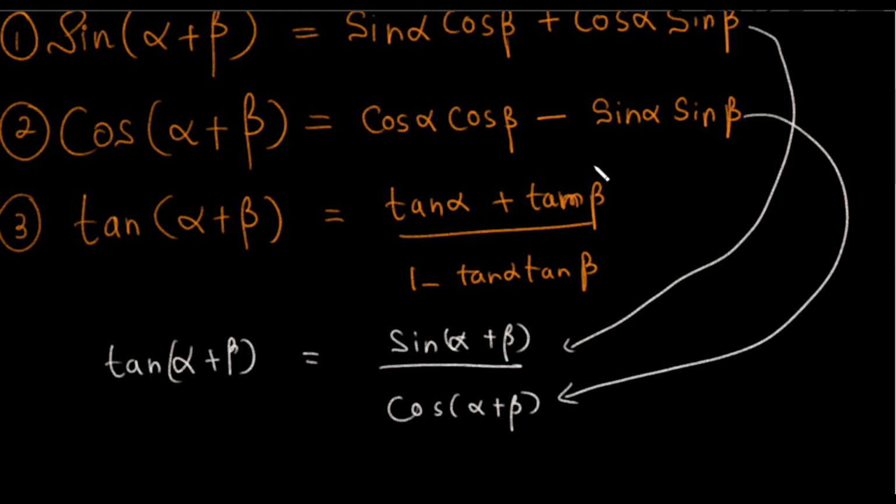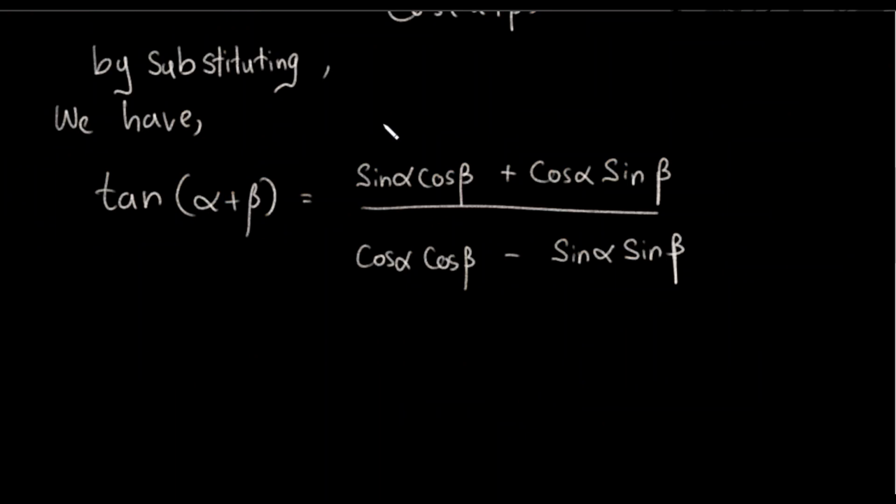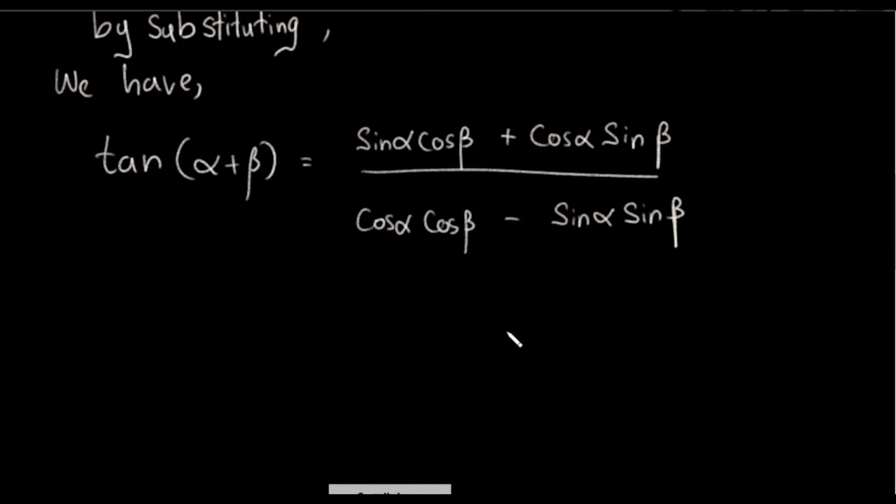I'm going to substitute these values into the sine of alpha plus beta and cosine of alpha plus beta. By substituting, we have sine alpha cosine beta plus cosine alpha sine beta, divided by cosine alpha cosine beta minus sine alpha sine beta.